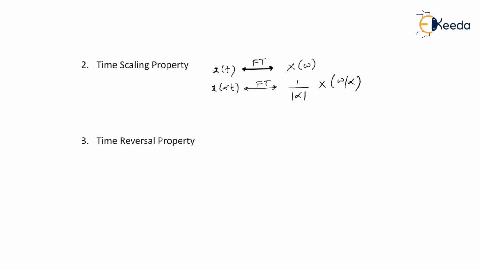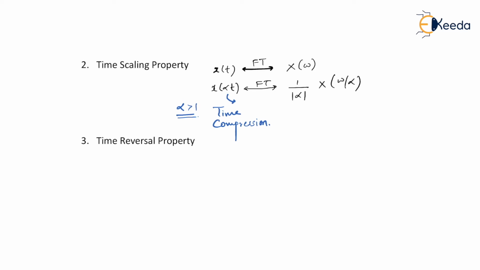In this case, for example, when you are scaling by alpha, assuming that alpha is greater than 1, then you know what happens in the time domain. This is what we call time compression. So if alpha is greater than 1, then x of alpha t does time compression.